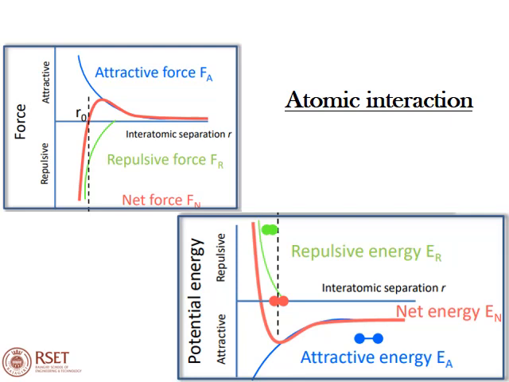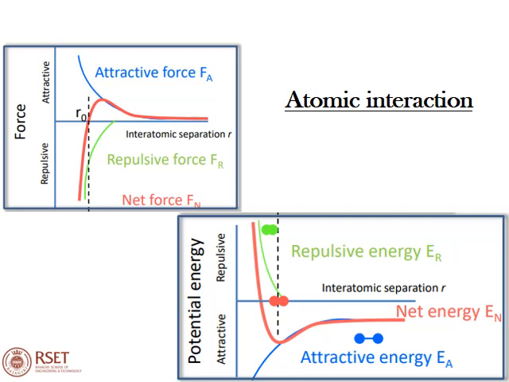But on the bottom side of the graph, if the distance between the two atoms is more, then the atoms will have a tendency to join together because of the attraction of negatively charged electrons with the positively charged nucleus of the other atom. So there will be an equilibrium point at which both atoms are separated by a distance R0, the interatomic distance, which is considered to be the equilibrium distance.